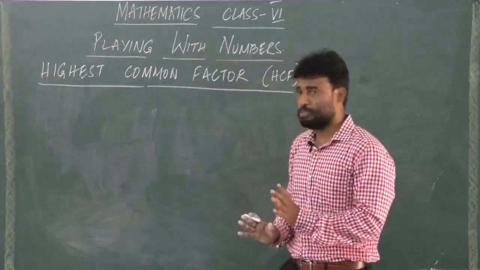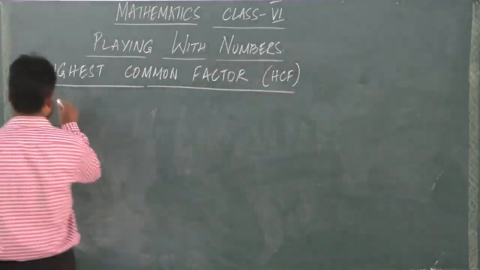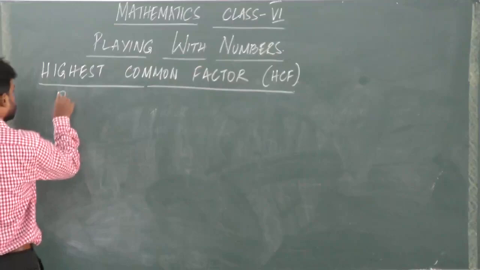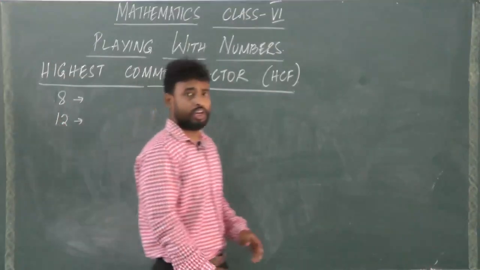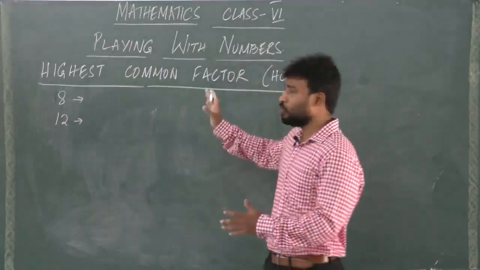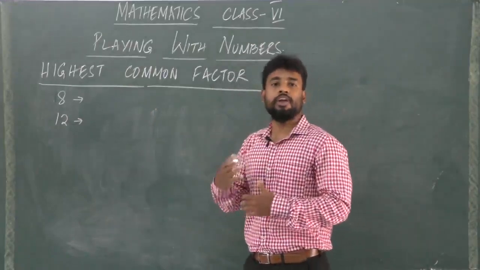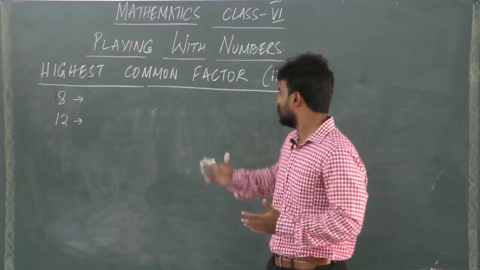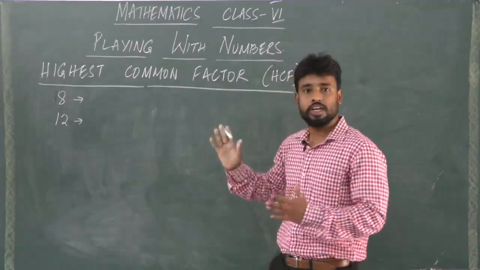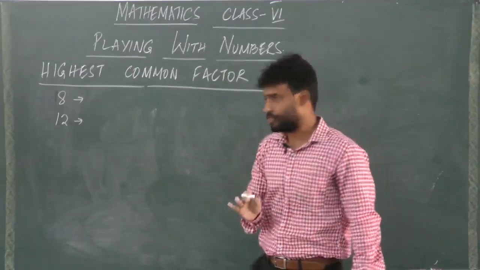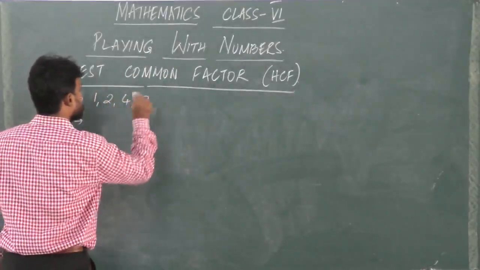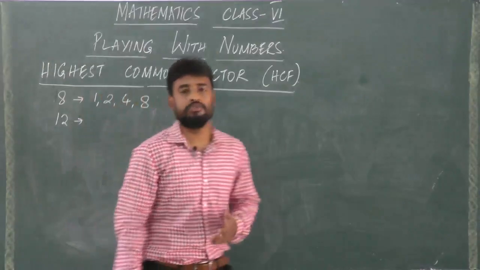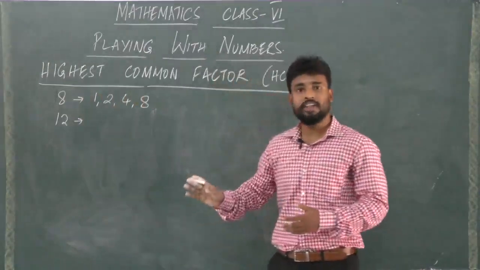Now let's have two numbers, 12 and 8. We have already learned what a factor is, and we have already learned how to find factors. So first we'll find the factors of 8 and 12. When we find the factors of 8, we get 1, 2, 4 and 8.